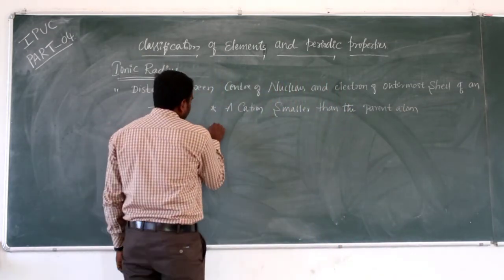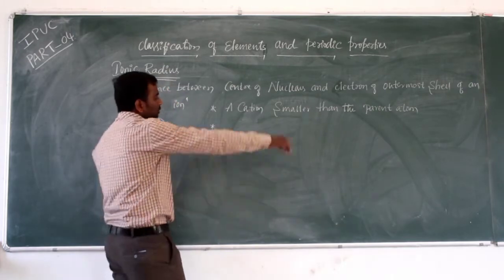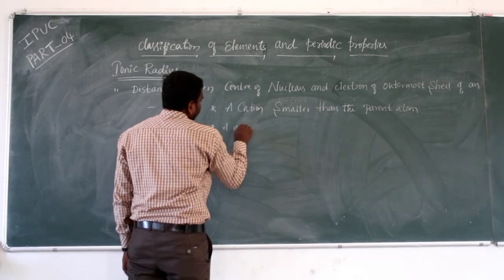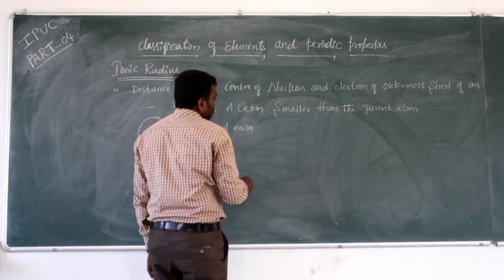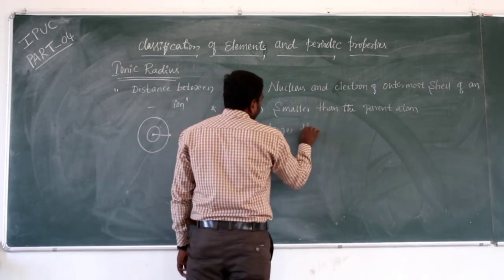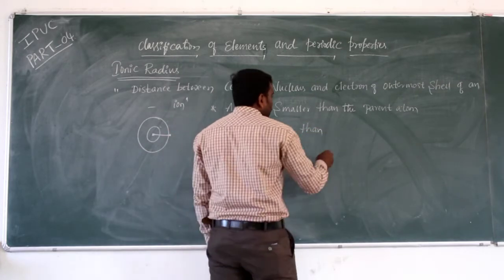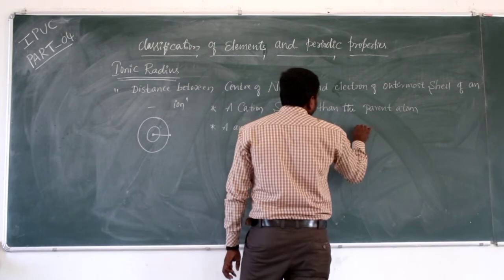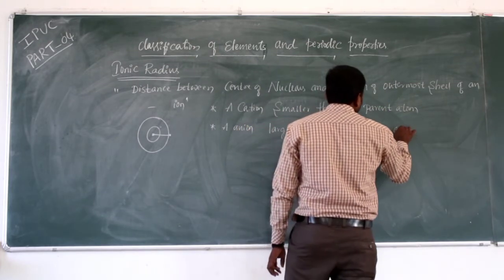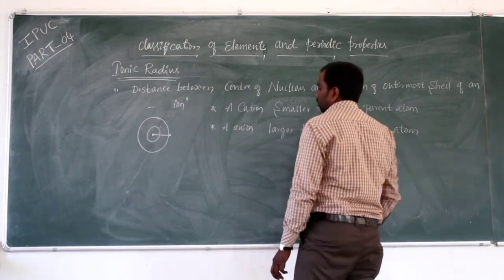The second one is an anion is larger than the parent atom, right?